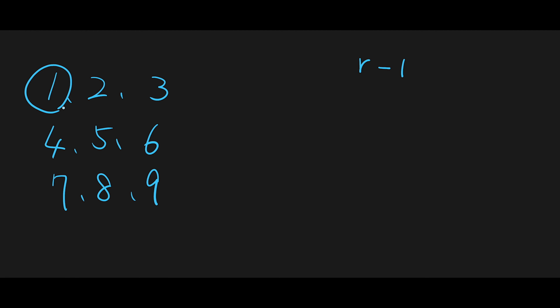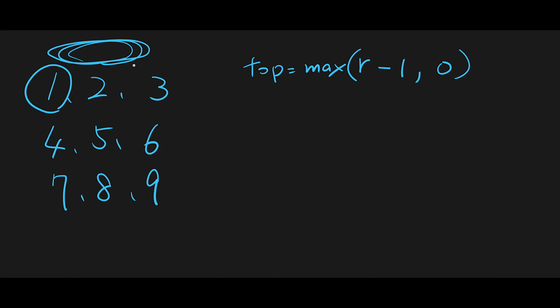So from here, the top range should be max of the current row minus 1 or 0, right? So if the current row minus 1 is negative, we take 0 because there is no row there, right?